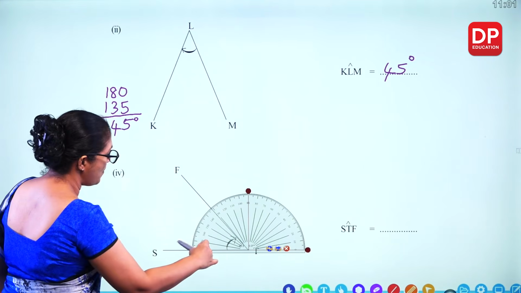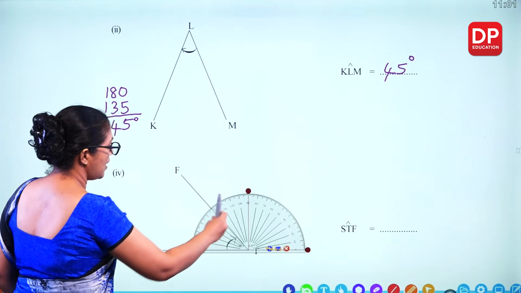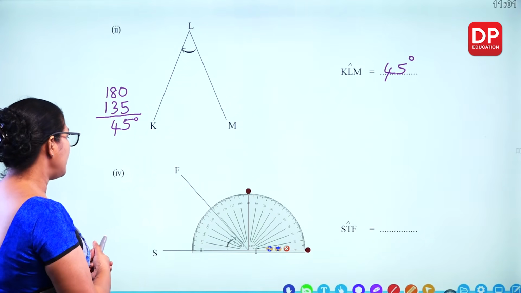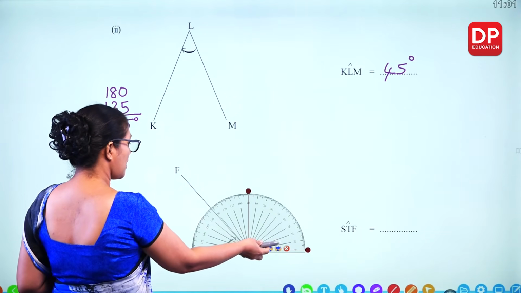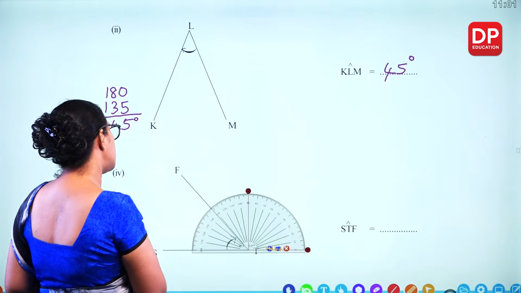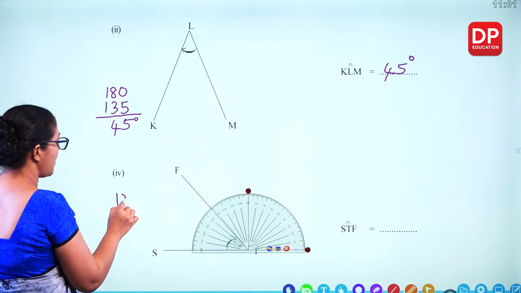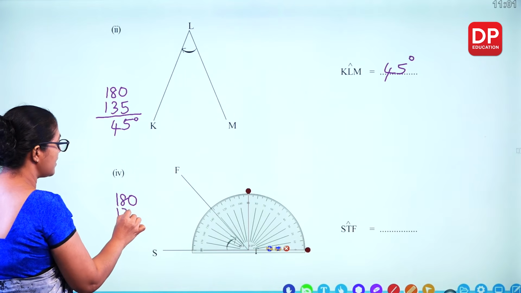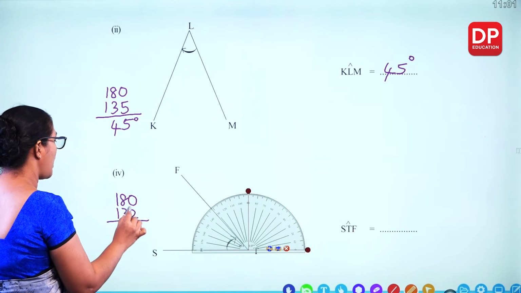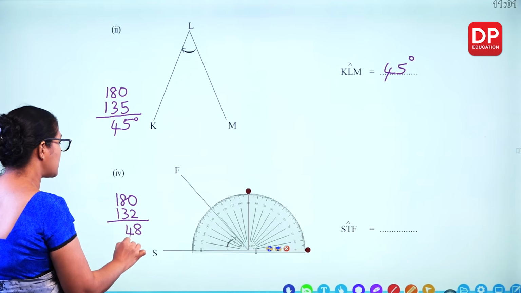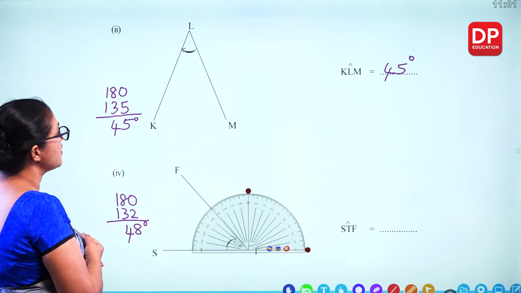Here. Now measure this way. You have to measure. So my one, this way 132. This way 132 means 180 minus 132. I get 48 degrees.